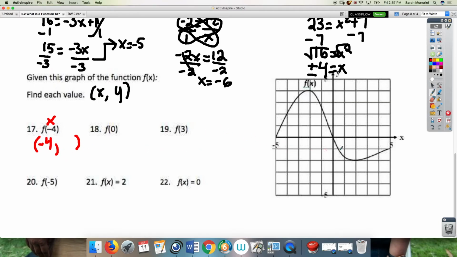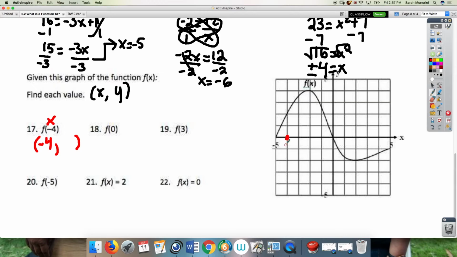So let's go find negative 4. Since it's an x, am I going to find it on my x-axis or my y-axis? X-axis. So let's go find negative 4 on my x-axis. Alright, here it is. Now, since I have an x, I'm looking for y. So am I going to go meet the curve up or down or left and right? Up and down.